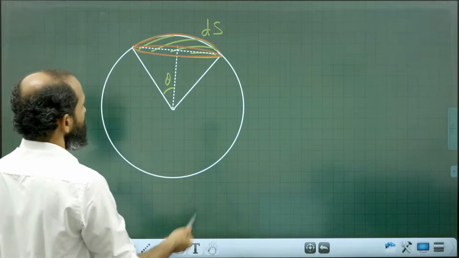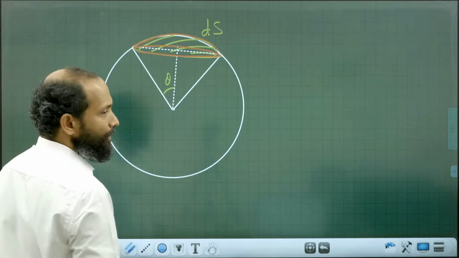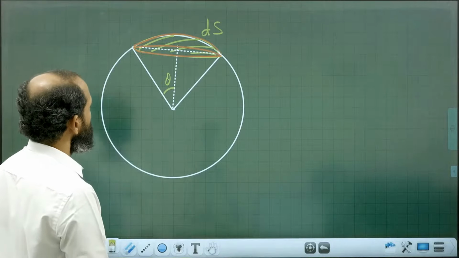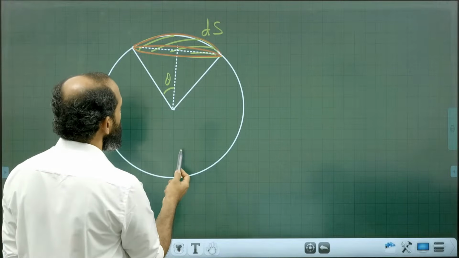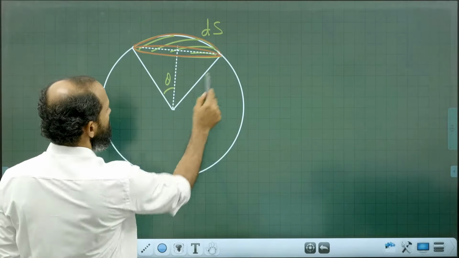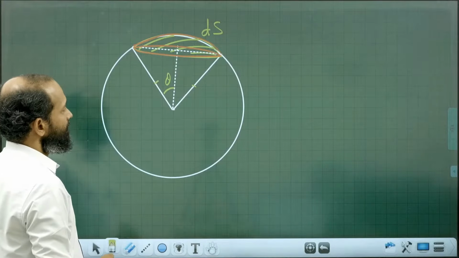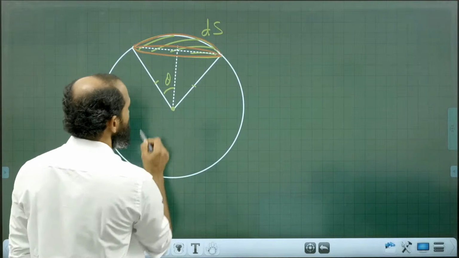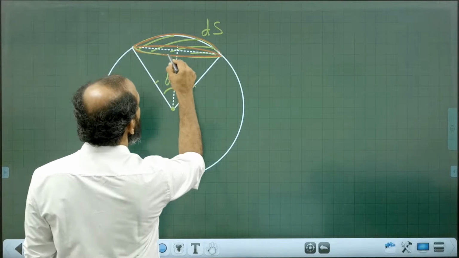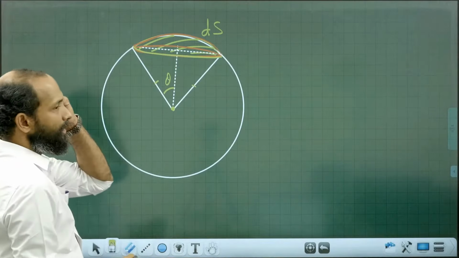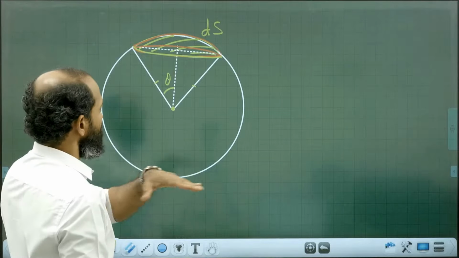You can define a new three-dimensional angle which is subtended by all these lines joining the center of that sphere and the boundary of that small spherical cap.